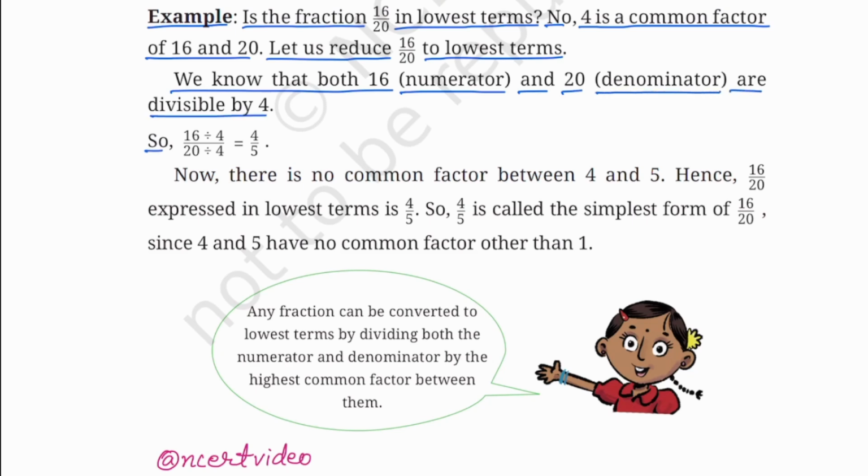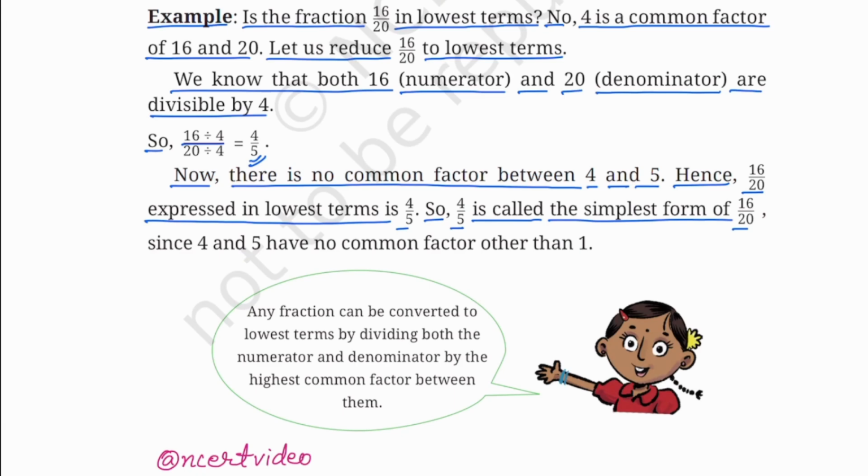So 16 divided by 4 upon 20 divided by 4 is equal to 4 upon 5. Now there is no common factor between 4 and 5. Hence 16 upon 20 expressed in lowest terms is 4 upon 5. So 4 upon 5 is called the simplest form of 16 upon 20 since 4 and 5 have no common factor other than 1.